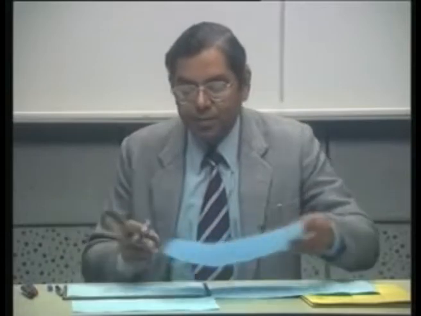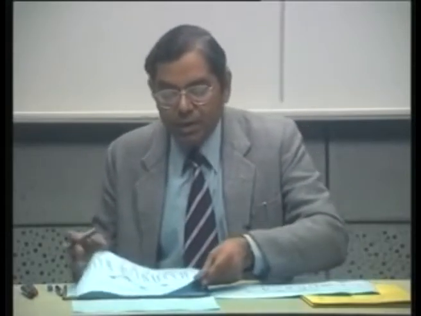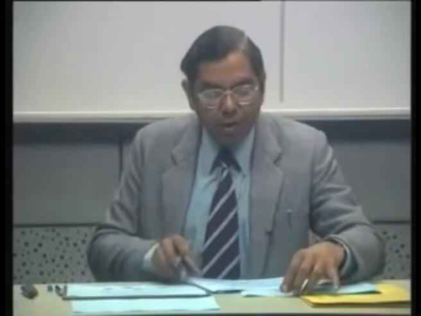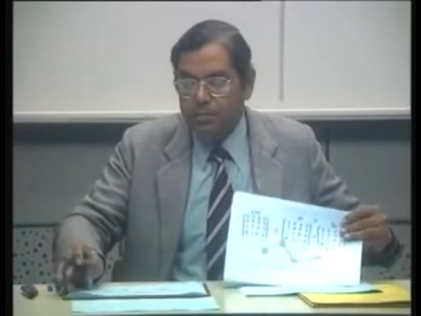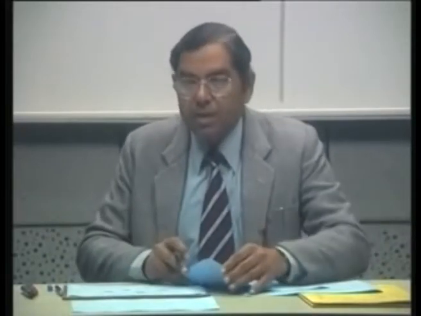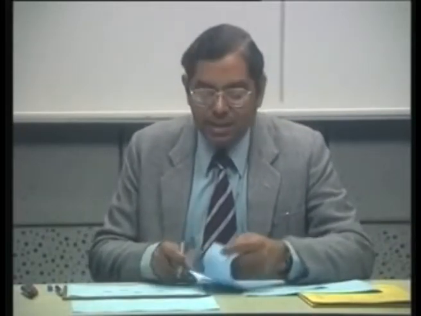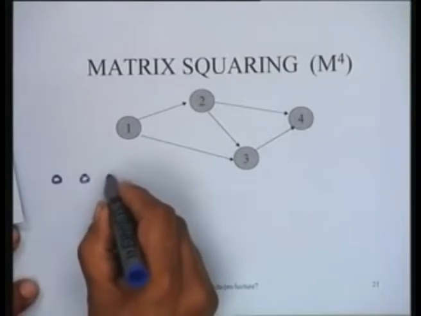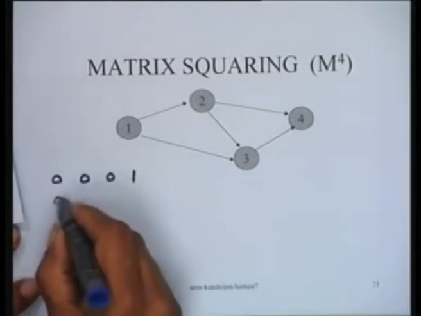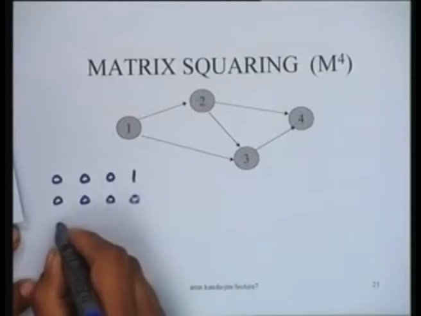Now let us complete this procedure by calculating M4 and try to find out whether the matrix is consistent or not. What we can do is generate the value for M4 simply by multiplying the matrix M cube with M itself. So M cube we had just determined.